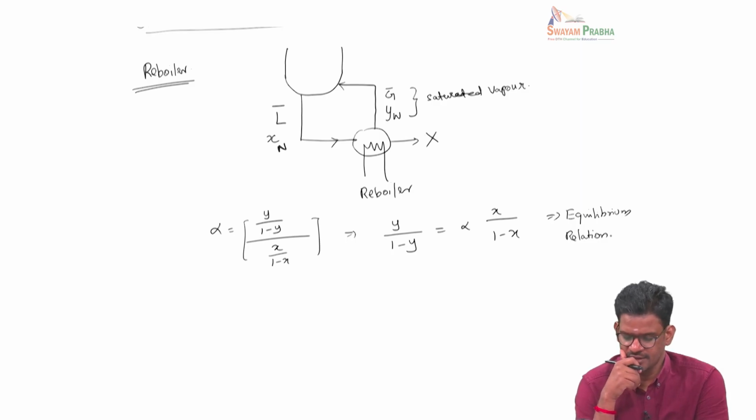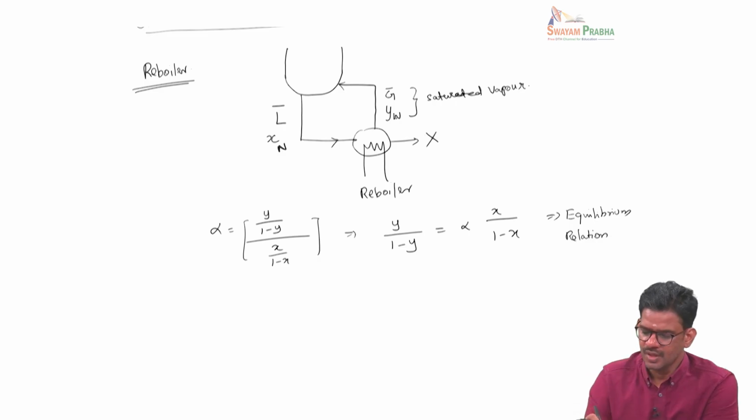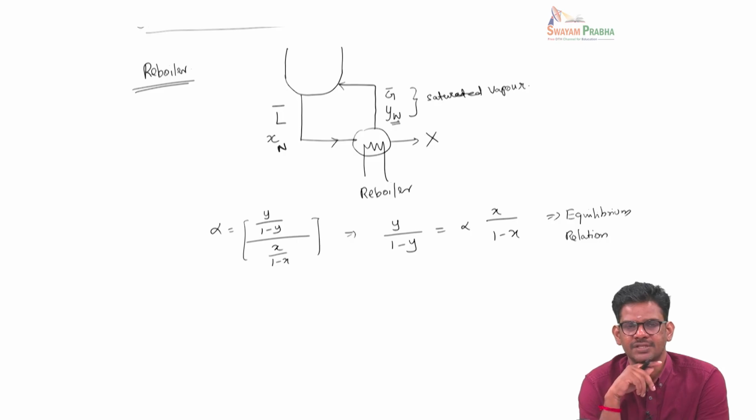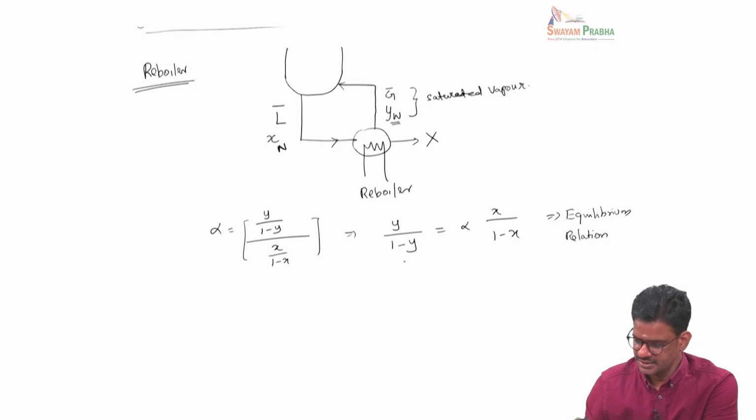Now the reboiler operates in such a way that YW is a saturated vapor. Corresponding to that, there will be a saturated liquid with a composition of XW. So we can write this equilibrium relationship for YW and XW.